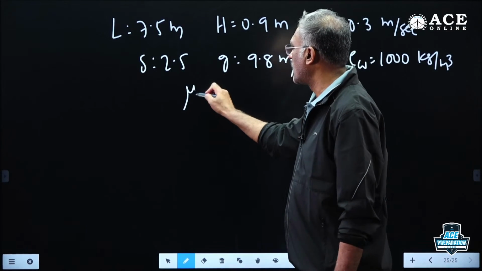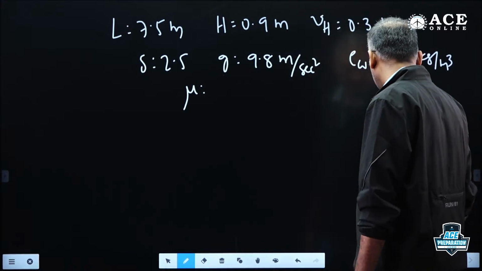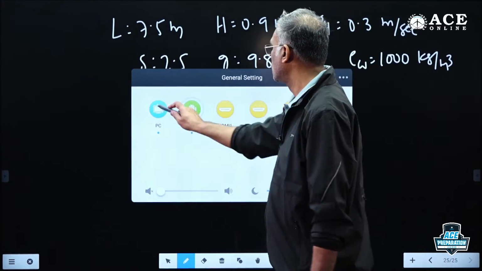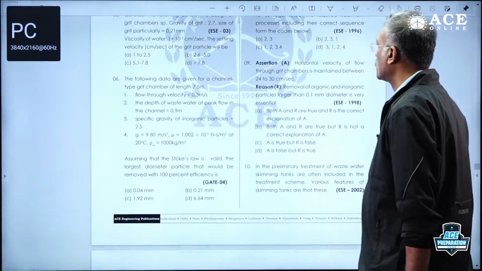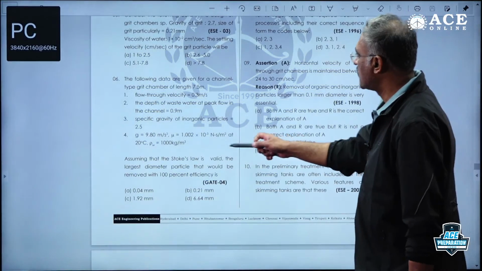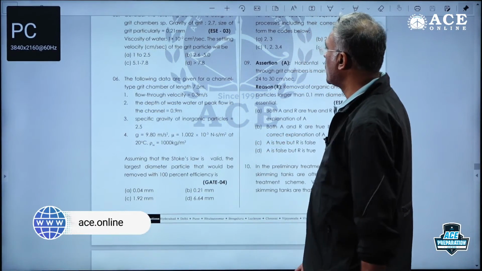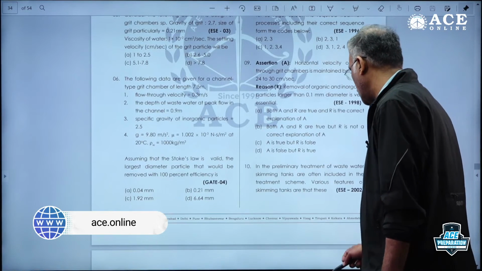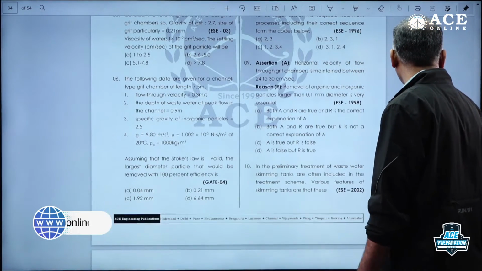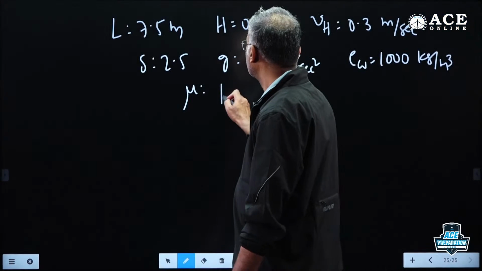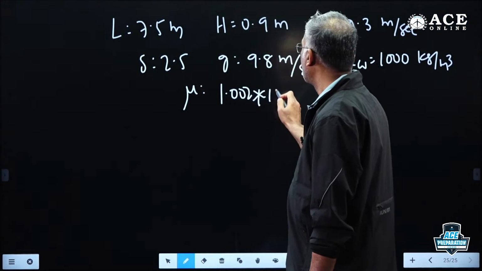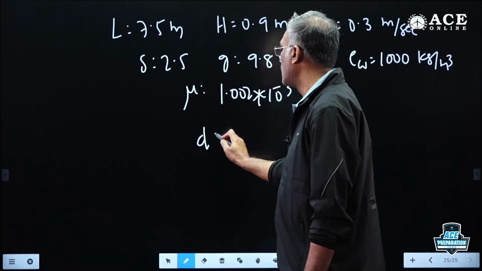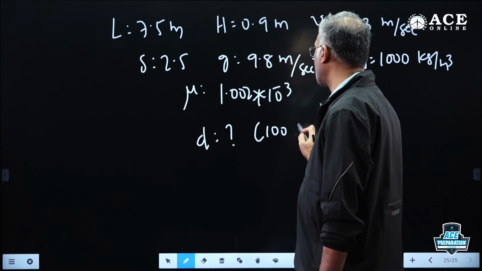Dynamic viscosity is given as 1.002 into 10 power minus 3. What is the diameter of the particle that will be 100% removed is what is asked.